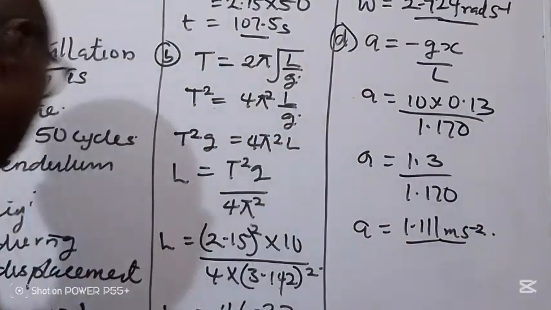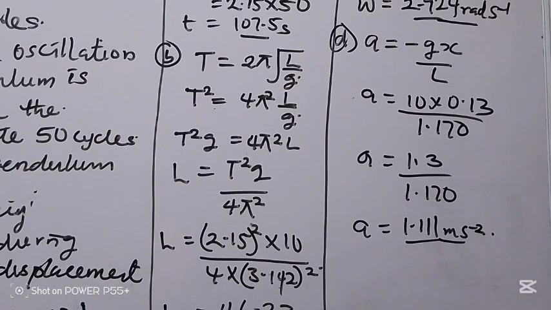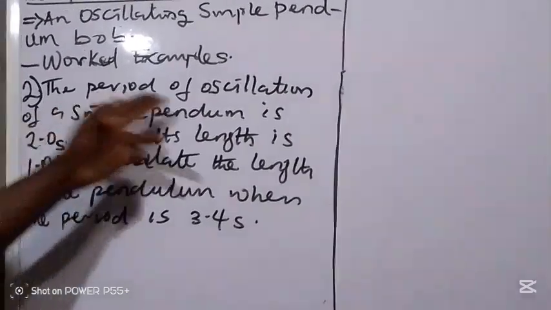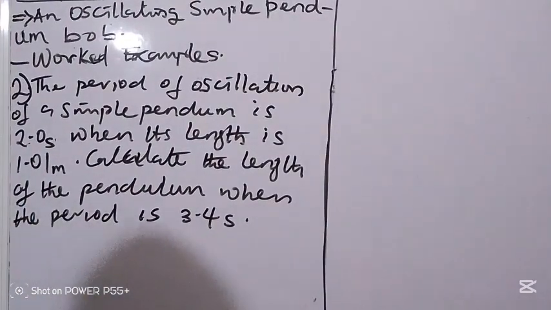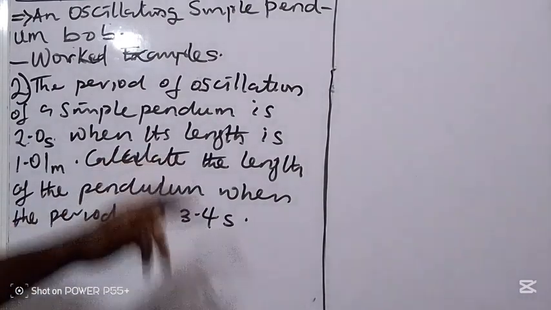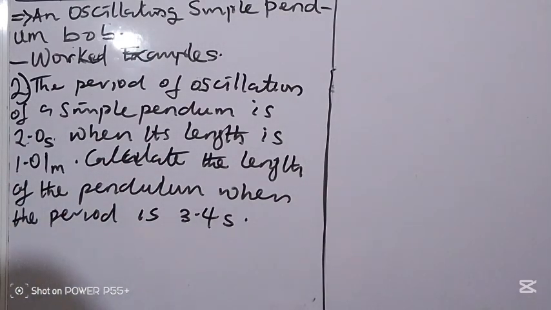Take this one as example 2. The period of oscillation of a simple pendulum is 2.0 seconds when its length is 1.01 meter. Calculate the length of the pendulum when the period is 3.4 seconds. Now, solution.